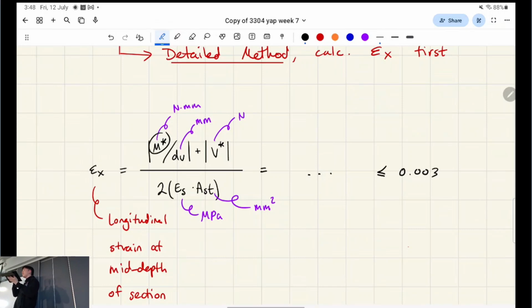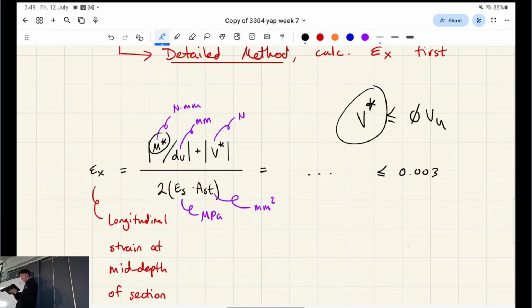The left-hand side being like, V star is less than this, right? We calculate the external forces first because this formula is dependent on V star. And not only is it dependent on V star, it's dependent on M star. So that's why in shear design, we also calculate the bending moment diagram.